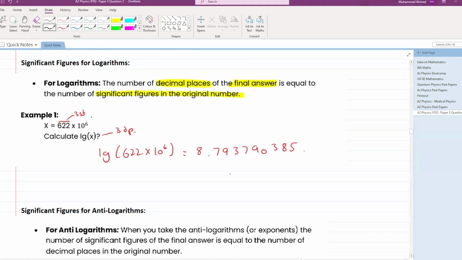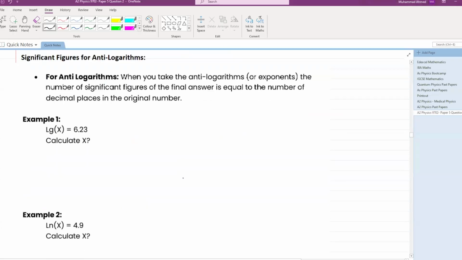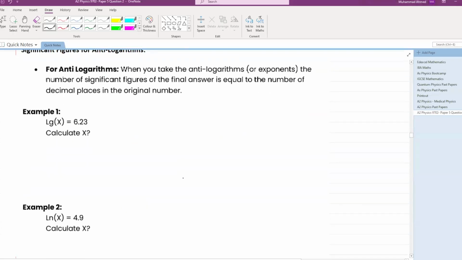You only need the first three decimal places. Why? Because your original value was still three significant figures. You will write 8.79, and since the fourth decimal place is greater than or equal to 5, this will get added 1. This will become 8.794. This is your answer.